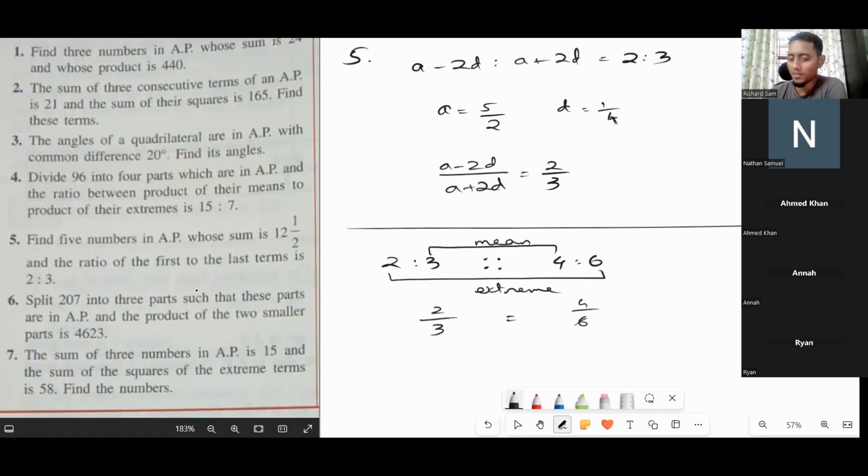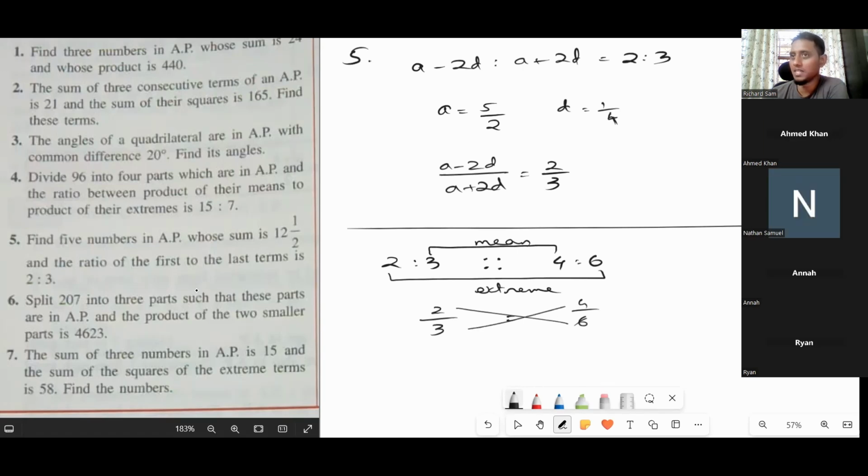If we cross multiply this, we get 2 into 6 equal to 3 into 4. 2 into 6 is 12, and 3 into 4 is also 12. 2 and 6 are the extremes, and 4 and 3 are the means. So in other words, product of extremes is equal to product of means.